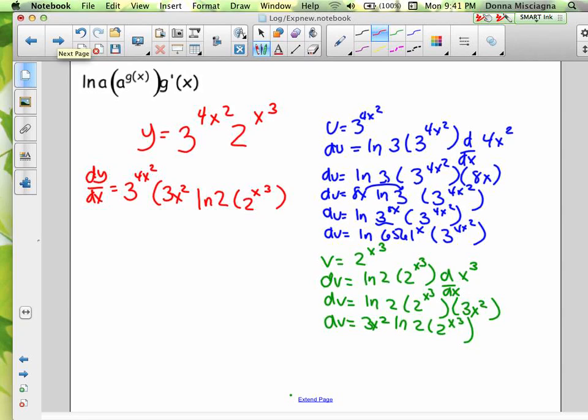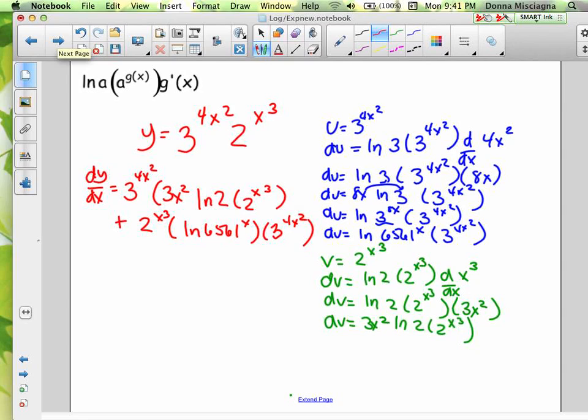All right, and then plus, because I've run out of space, the second times the derivative of the first. So 2 to the x cubed times, and we have natural log of 2. Whoops, sorry, I looked at the wrong one. Natural log of 6561 to the x times 3 to the 4x squared.